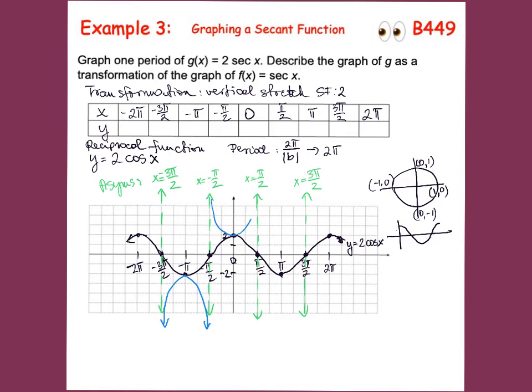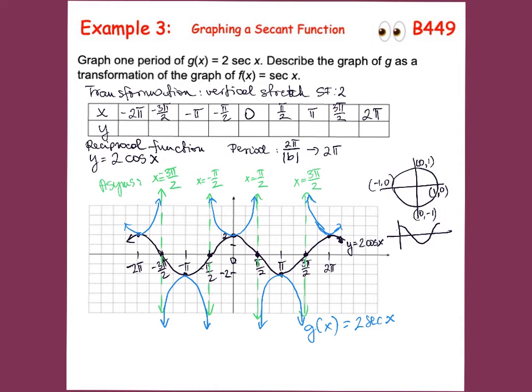So here is our secant function in blue. And I'm going to do this last one, but only half part of it. And then I'm going to do it here too, only a half part of it. So the blue graph is our g of x equals 2 times secant x.